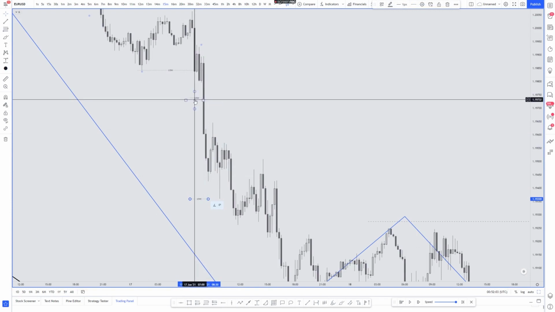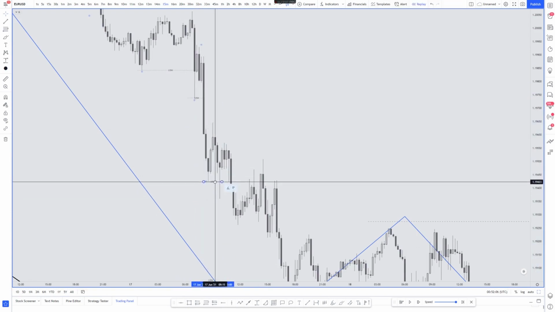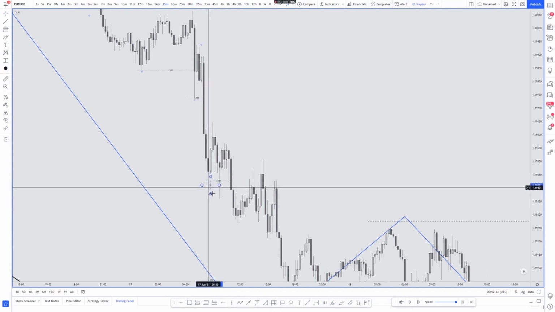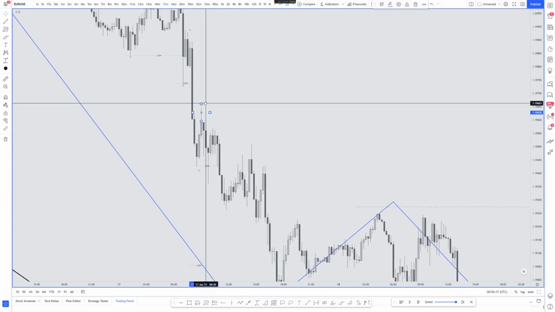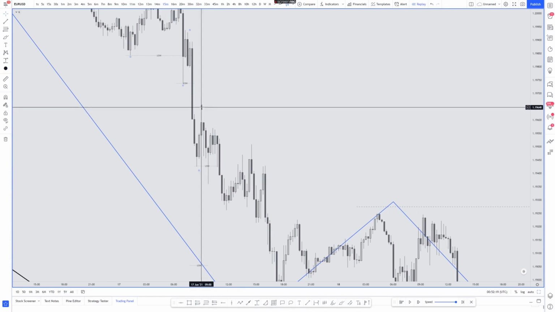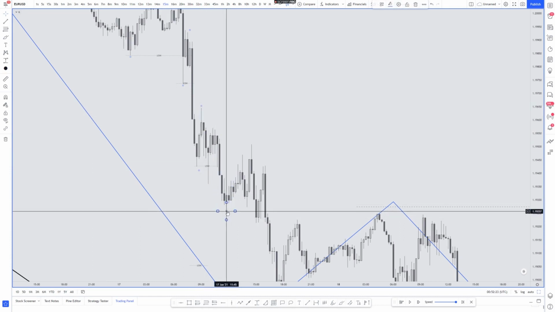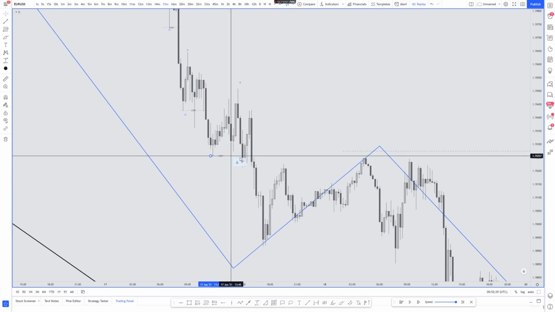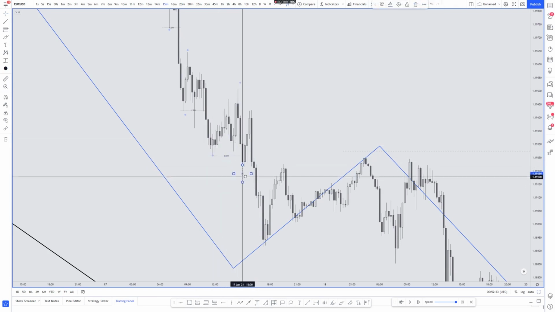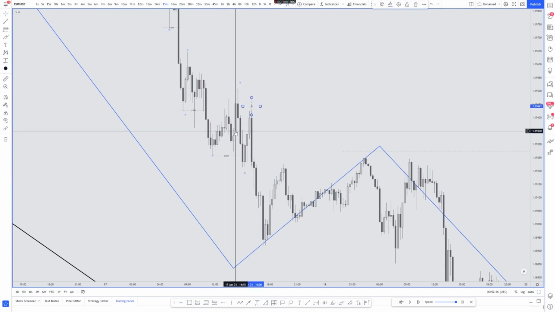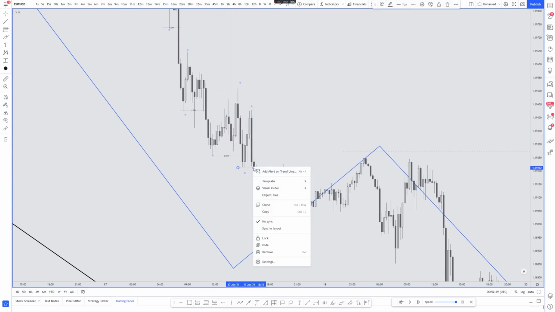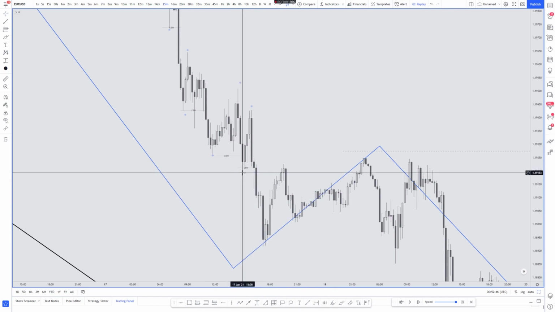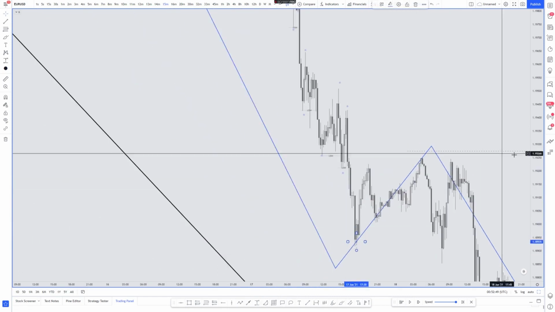The next bit of structure is all the way down here. Once again you have a pullback. And this is your 4-hour low.